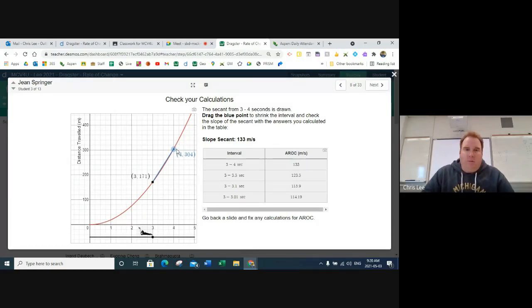So what we did was shrink the interval down, down, down, down, down into a really tiny interval right there. That is the best representation that we could come up with on Desmos or in our calculations to say that, okay, the steepness of that secant, that blue graph, is almost exactly the same as the steepness of the red graph. And so we're going to say it's about 114.